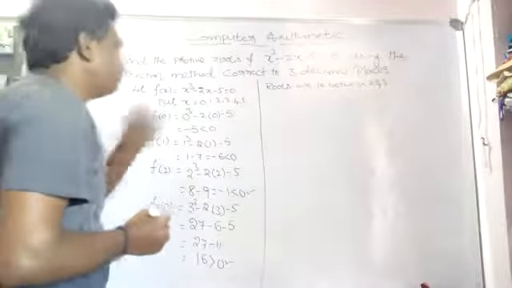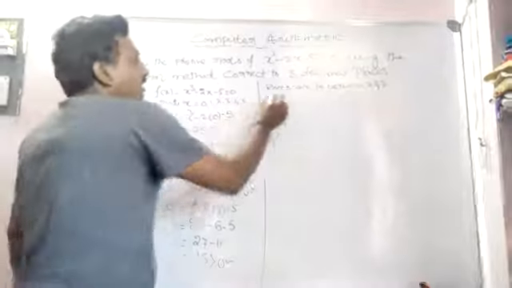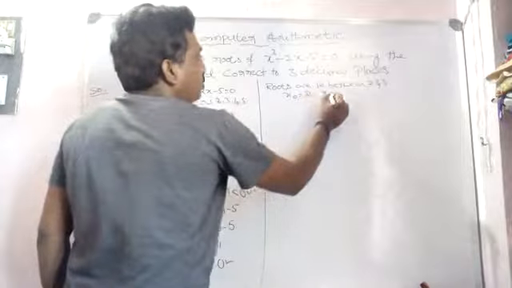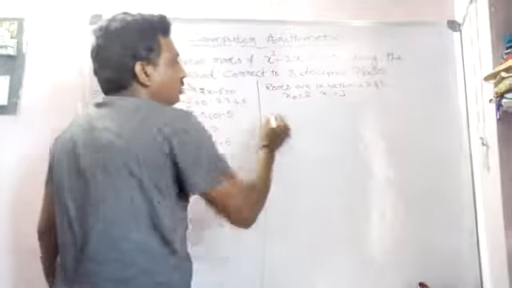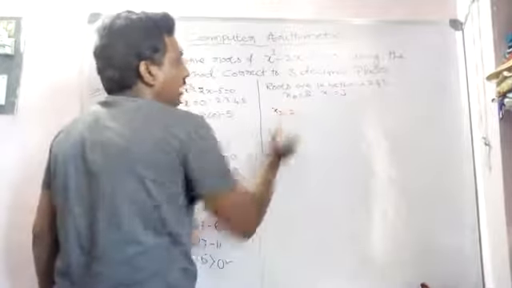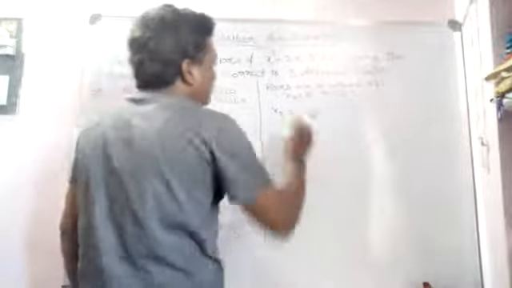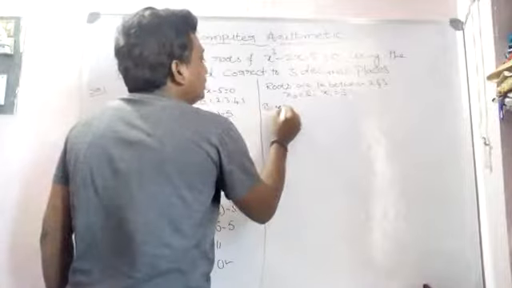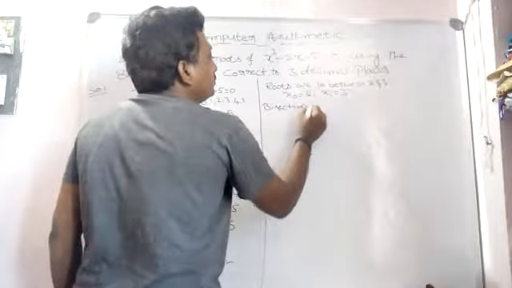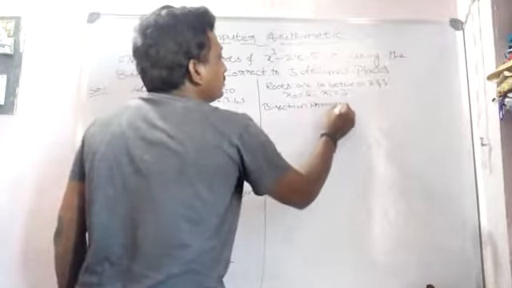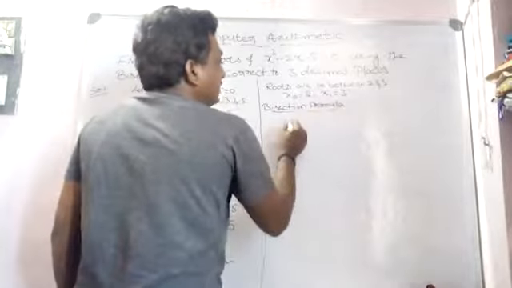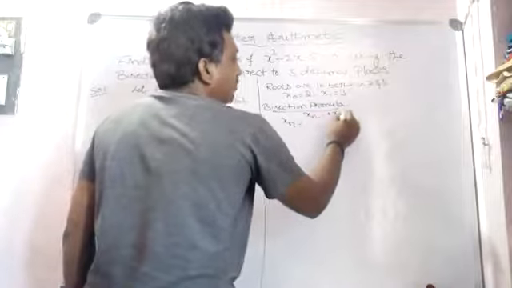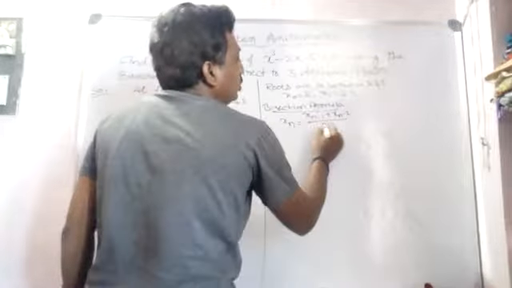So now here x naught equals 2, x1 equals 3. Now we want the x2 value. Already we know the bisection formula: xn equals xn minus 1 plus xn minus 2 by 2.